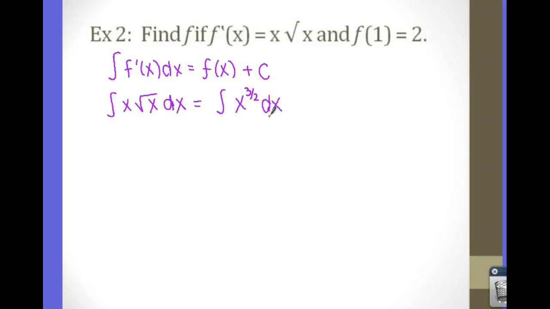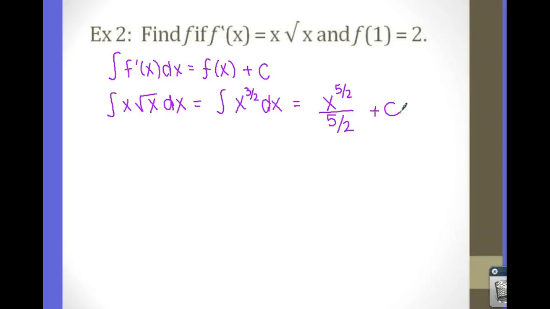Square root of x is x to the 1/2, and 1 plus 1/2 gives you 3/2. So the antiderivative of x to the 3/2, you add 1 and divide by it. You get x to the 5/2 all over 5/2 plus that imaginary constant c.